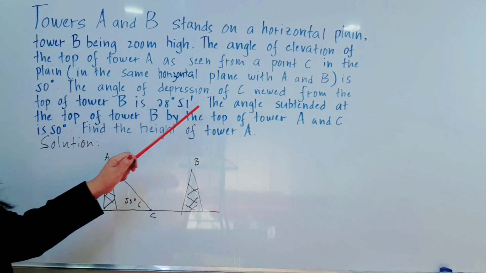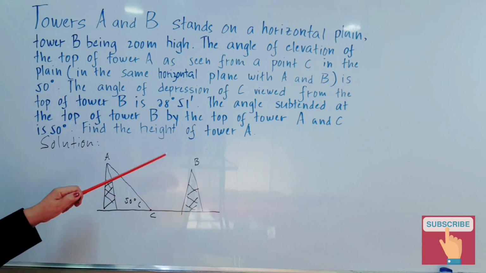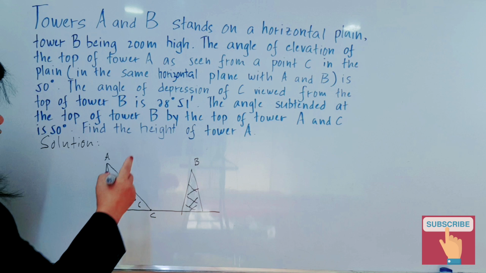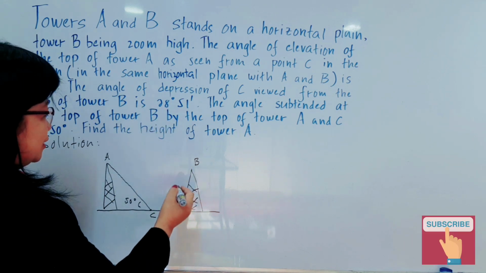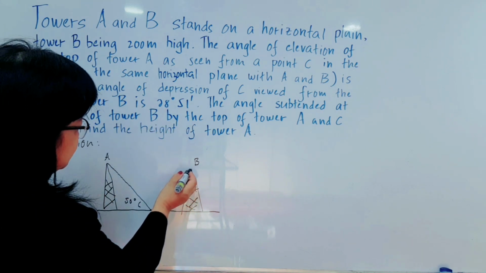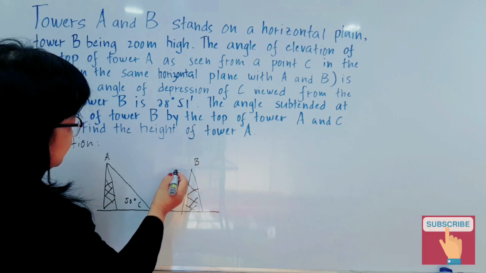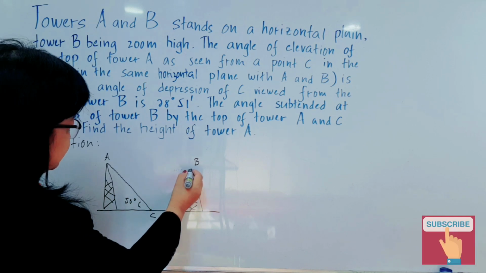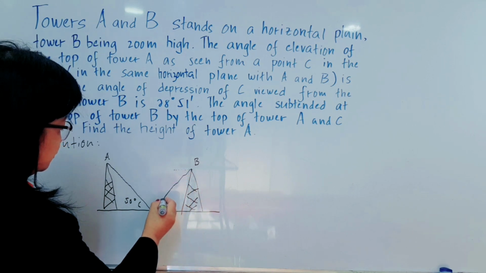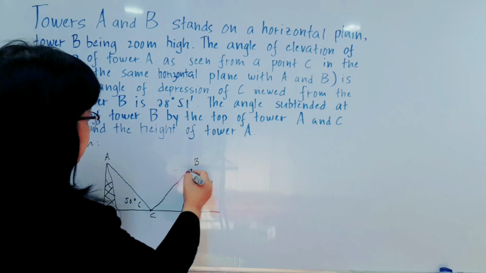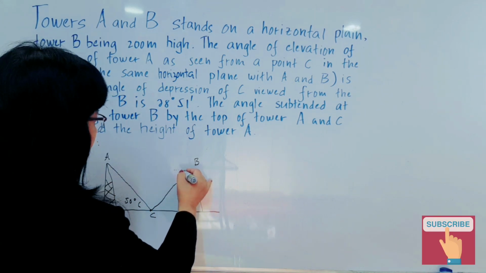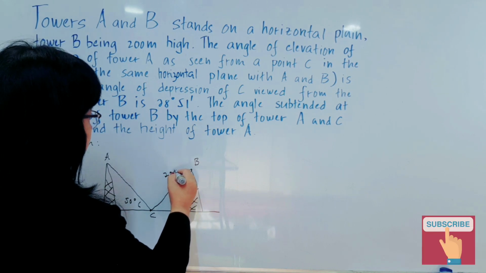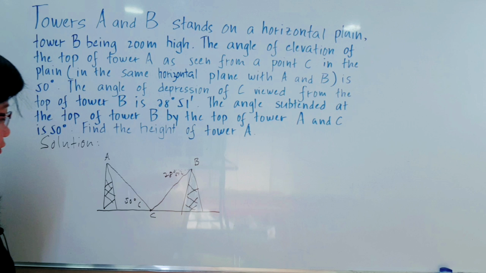Now, the angle of depression of C viewed from the top of Tower B is 28 degrees 51 minutes. So, the angle of depression, observing from this side going to point C, is equal to 28 degrees 51 minutes.